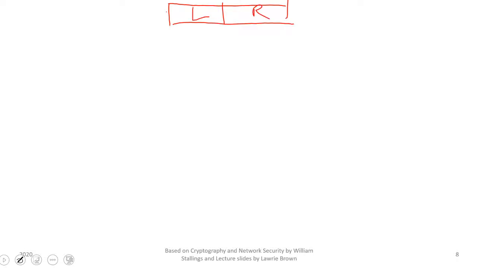For the right part of the message, it is put through some function, and then the result is XORed with the left part.